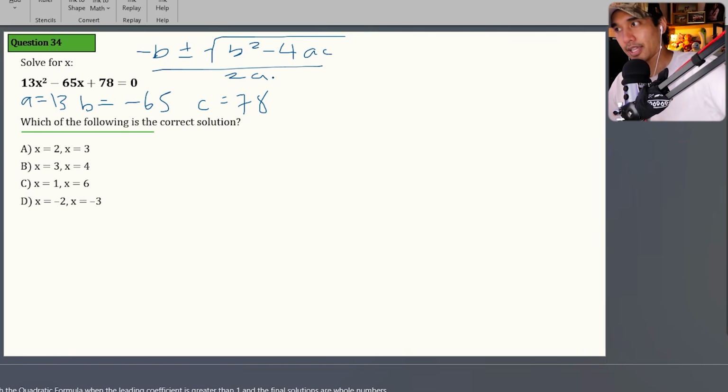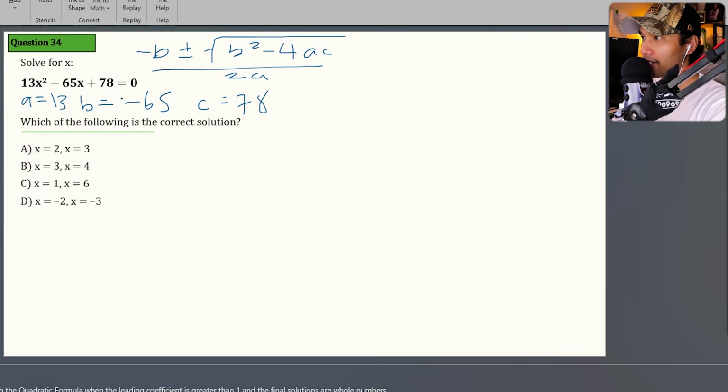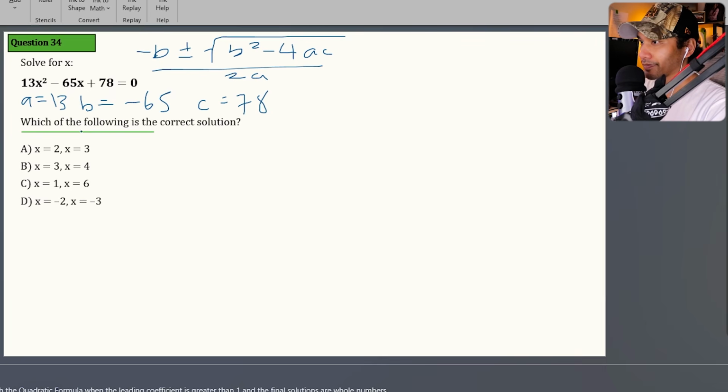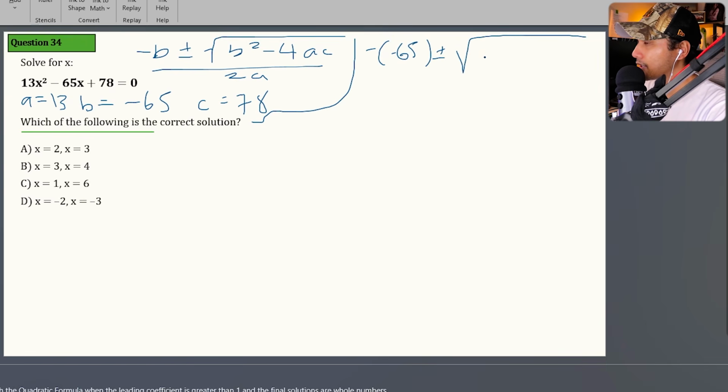Now we're just going to plug everything in and see what we get. And this one will be a monster because we have big numbers, and I did this on purpose. Okay. So we have negative negative 65, and I'm going to start writing it right here. So we have negative negative 65 plus or minus the square root of 65 squared.